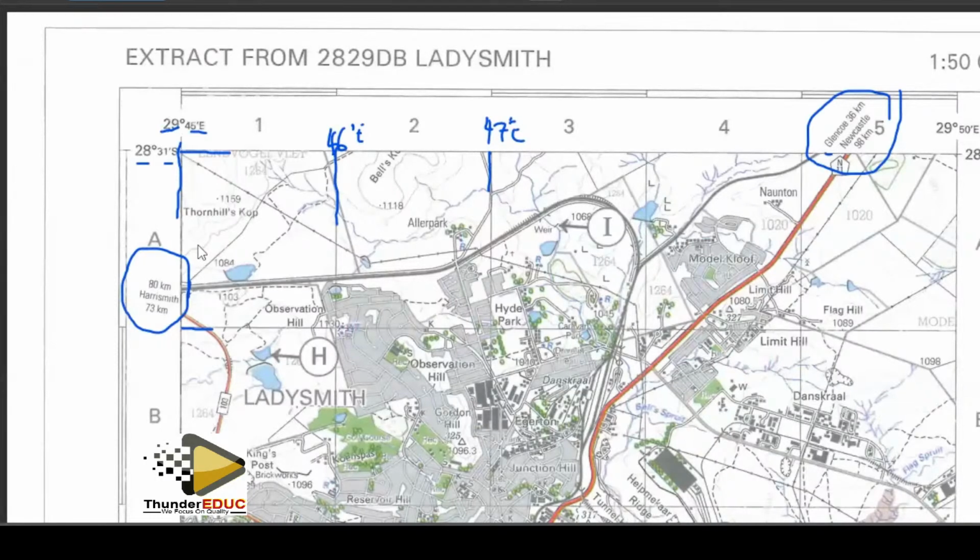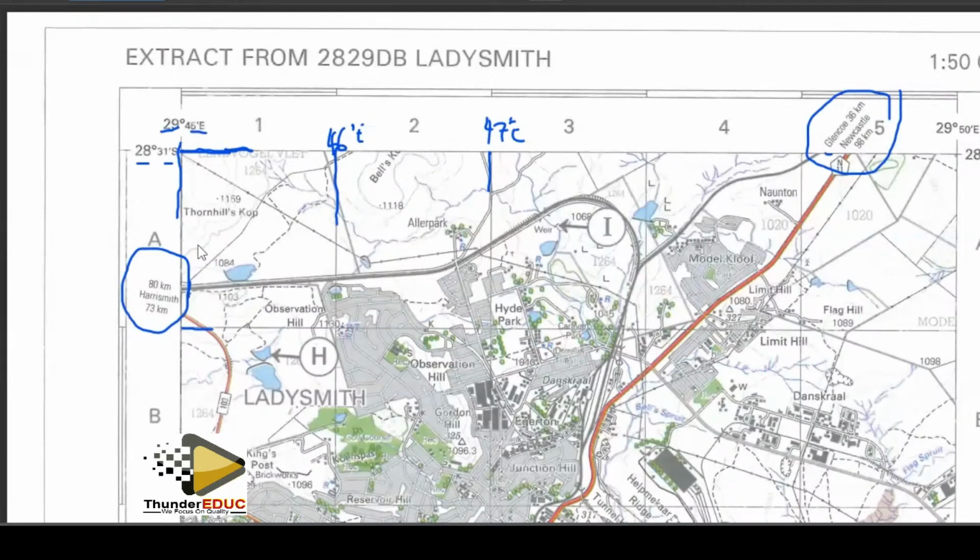So what coordinates do we want? We want 28 degrees of latitude and 31. 28 and 31 is along this line. Remember, we pick our coordinate from the northwest corner. So we want to see where it interlinks with our line of longitude, because for our latitude, we have seen that 28 degrees and 31 minutes to the south is along this line, the first line of the northern edge of our map. Then we want to identify the longitude, which is 29.47.